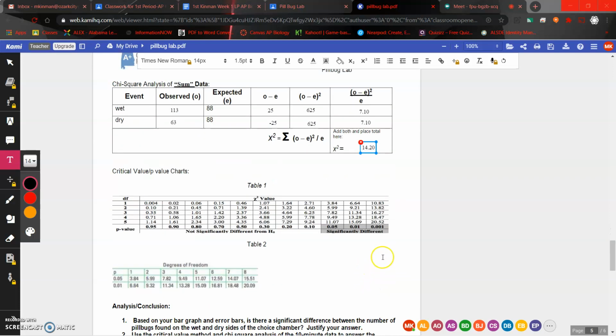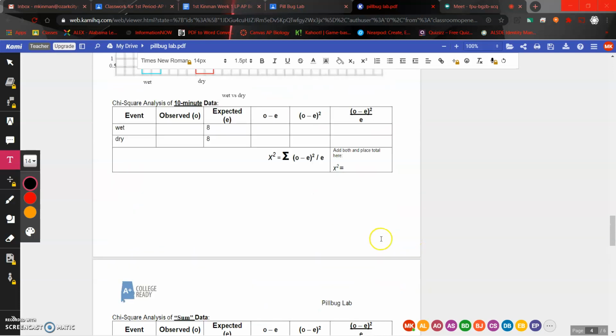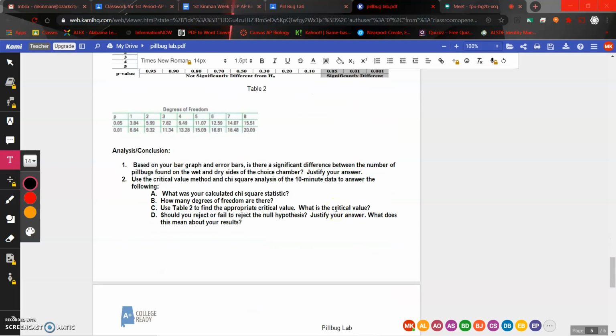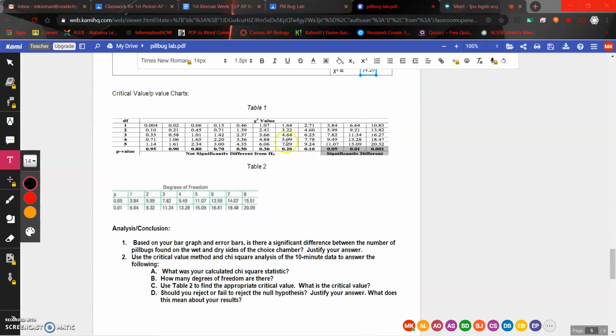Now the next question is, what do you do with this value? What you do is you compare it to these chi-square values and these p-values. So this is a p-value table, something that is very common in statistics.